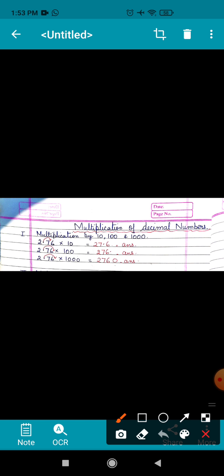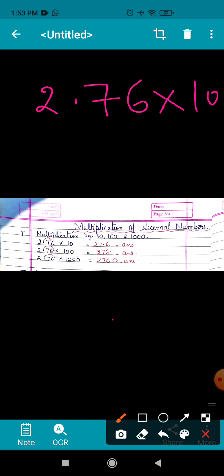Here the rule that you have to remember is that the decimal will shift towards the right side according to the zeros present in the multiplier. Okay, here you can see the first example: 2.76, and this number is multiplied by 10.